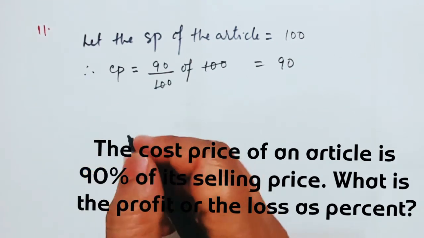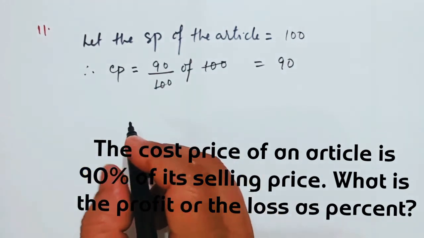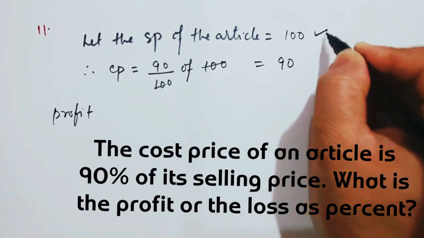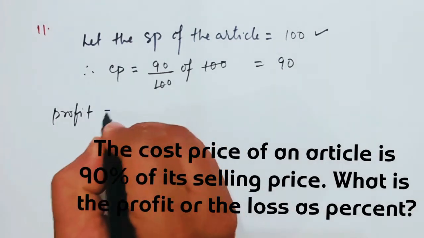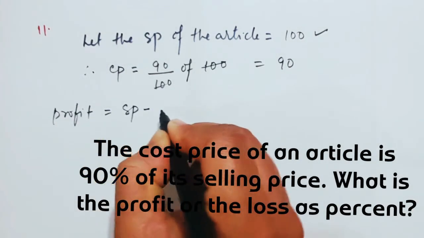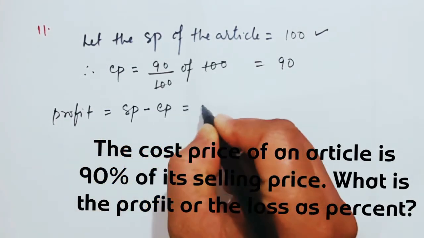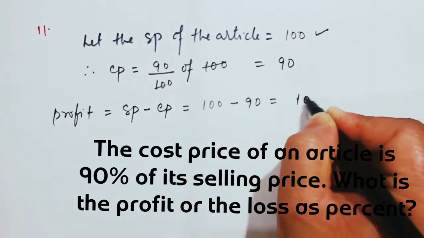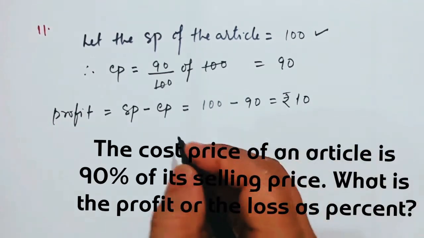What is the profit or the loss? Profit is there. Selling price is more than the cost price. So profit is equal to selling price minus cost price, that is 100 minus 90, equal to rupees 10.